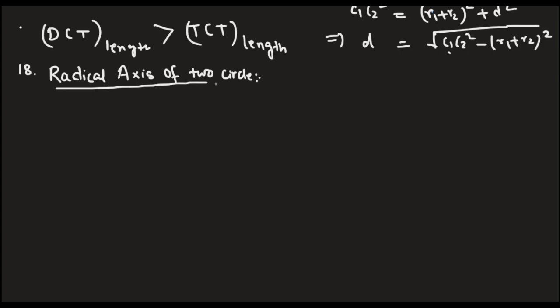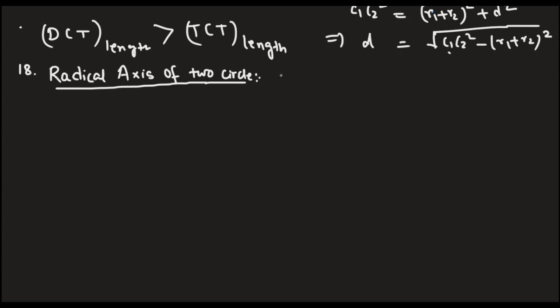Now what is it actually? The radical axis of two circles is the locus of the points whose powers with respect to the two circles are equal. So we just write the small definition.